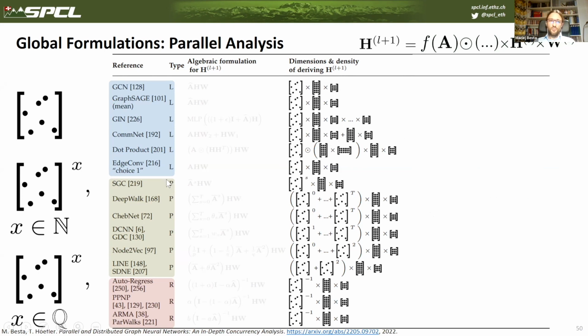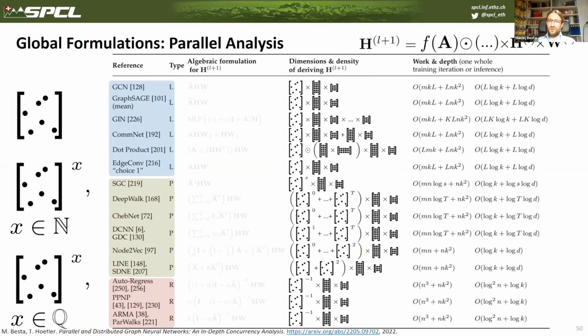Then for polynomial models, we at some point have to sum or apply some higher power to our adjacency matrix, which is higher than the power 1. For example, in DeepWalk, we need to sum a series of our adjacency matrices raised to different powers. And then at the very end we also have to multiply by the feature matrix and by the parameter matrix. And then in the rational models, we may have to raise our adjacency matrix to some more arbitrary power, for example, -1.